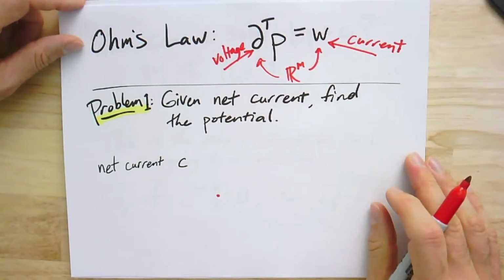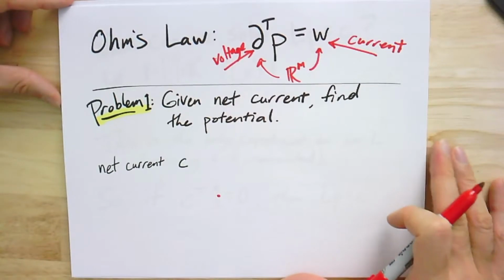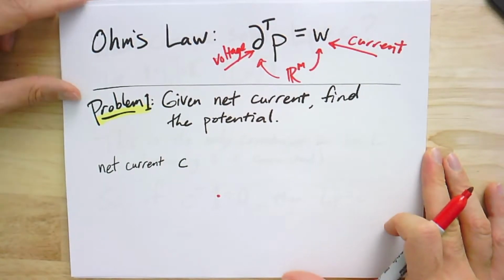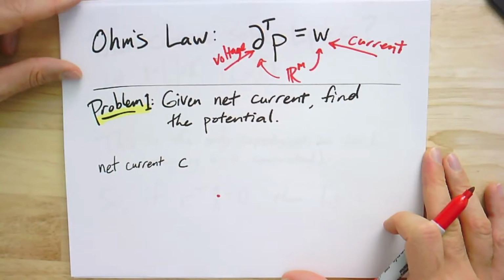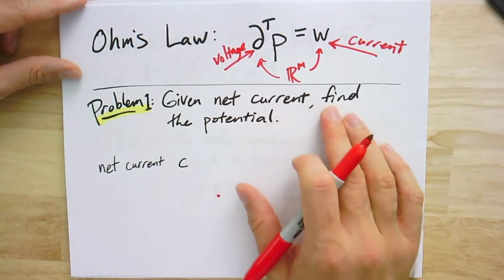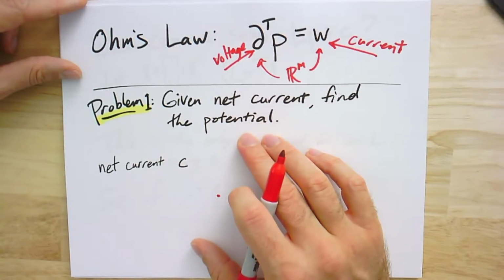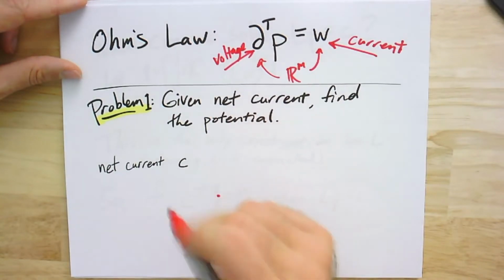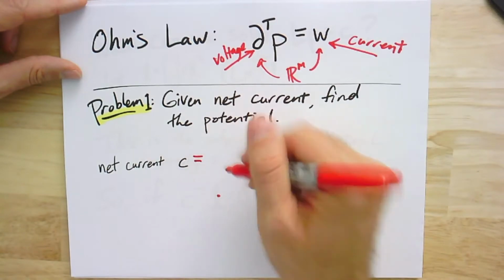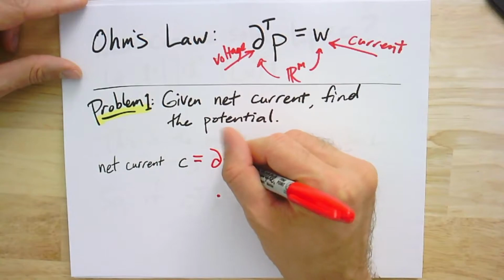Now, here's a natural question you might ask. If I know what the desired net current is, or if maybe I know what the measured net current is, that is, I know where and how much current is entering or leaving the circuit, I might want to find the potential at all the vertices. So plugging in directly these identities from the previous page, we know that the net current is just equal to the boundary times the current.